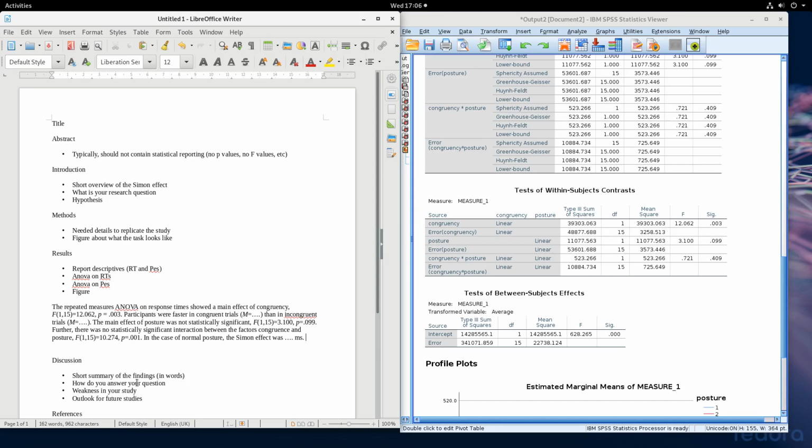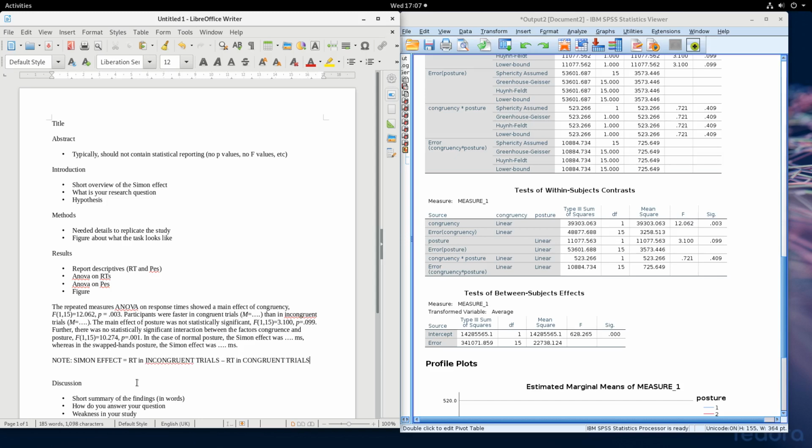Now remember, the Simon effect is incongruent minus congruent trials, whereas in the swapped hands posture, the Simon effect was, and then how many milliseconds. Note here, the Simon effect is RT, the response time in incongruent trials, minus RT in congruent trials.